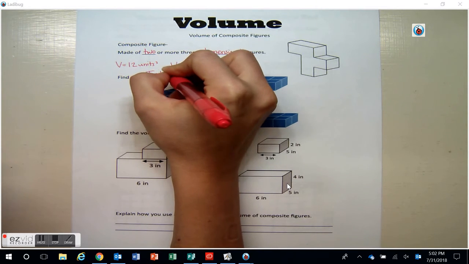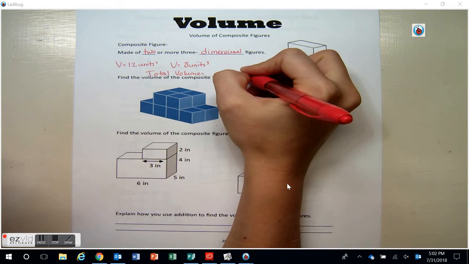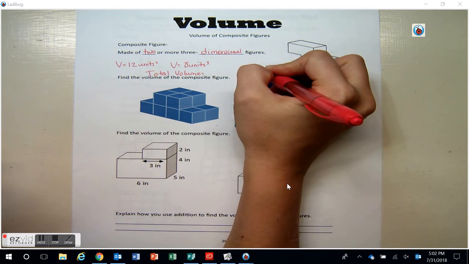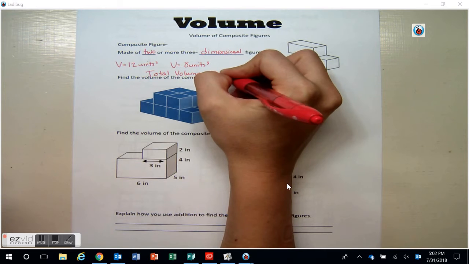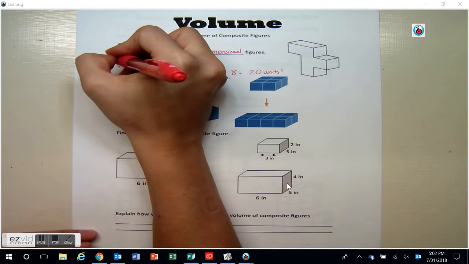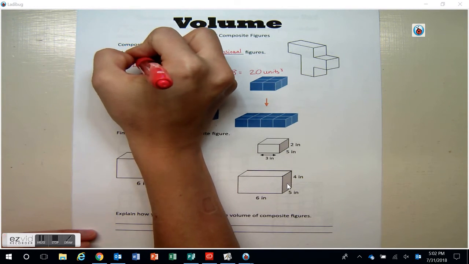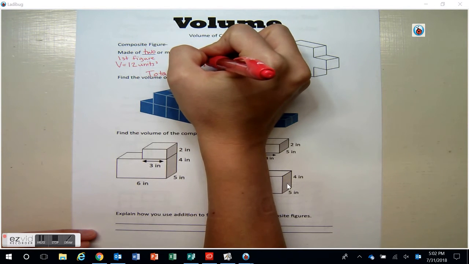Well, I have 12 cubes here, I have 8 cubes here, so I have a total volume of 20 cubes, 20 units cubed, because I did my 12 plus 8 to get my 20 units.